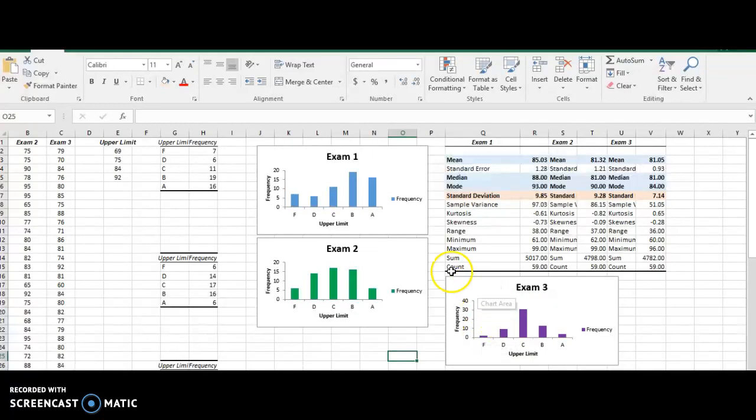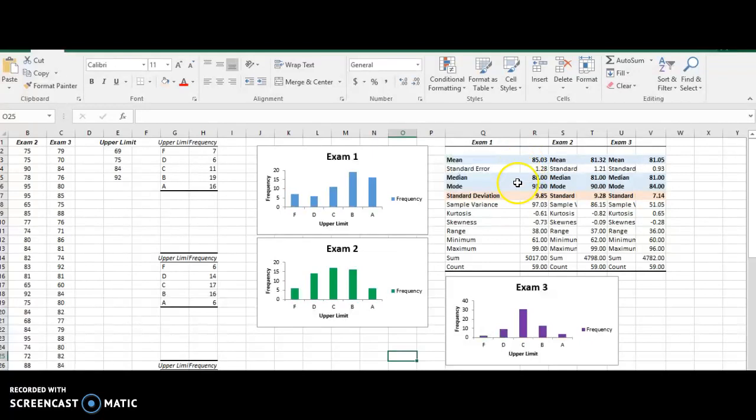And that can be then noticed here in the listing of the different descriptive statistics that we found. So we have the mean of an 85, for example, in exam 1, and a median of 88. So the two of them were not identical. And that tends to be the case when we have a distribution that is not symmetrical.